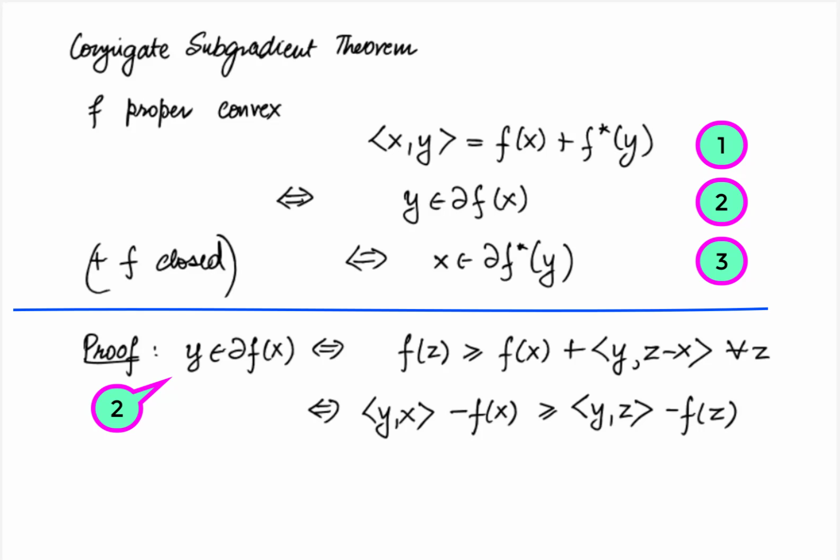So maximizing the lower bound with respect to z, we would obtain f star of y. So we would obtain that f of x plus f star of y is less than or equal to inner product of y comma x.